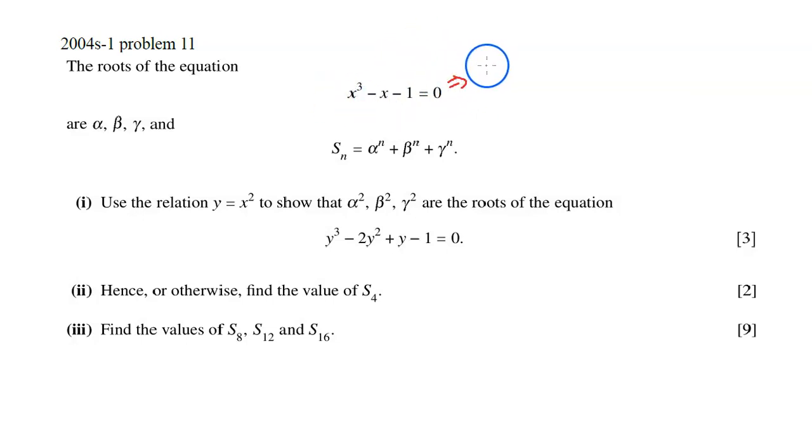Just bring all the odd powers of the variable to one side, so that will be x to the power 3 minus x, and bring all the even powers of the variable to the other side, so that will be the 1 times x to the power 0, which is an even power. Alright, and then from here we can square both sides, and then that gives us x to the power of 6 minus 2 times x to the power of 4 plus x squared equals 1.